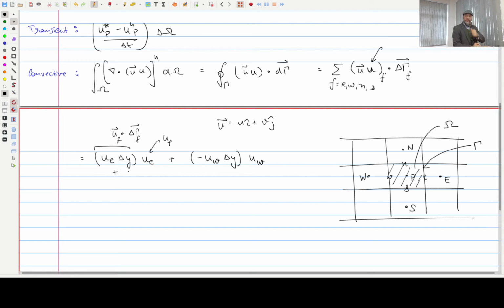Now for the north face, things are a bit different, because the outward normal is j hat this time. So u vector dot outward normal gives us a v at the north face times delta x, multiplied by u at the north face, because the quantity being transported is u.